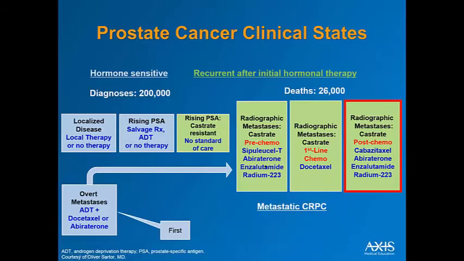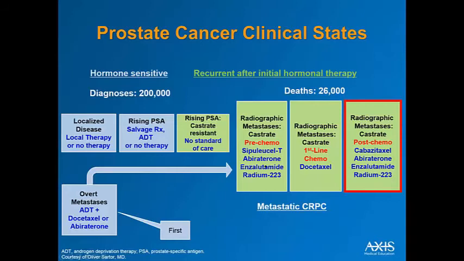When we begin to look at the clinical states, this is a reasonable model to think about. We have hormone-sensitive disease. We have disease recurrent after hormonal therapy. We have those individuals with no metastasis. We have individuals with metastasis. And each of these represents a disease state that is fairly common for our patients.